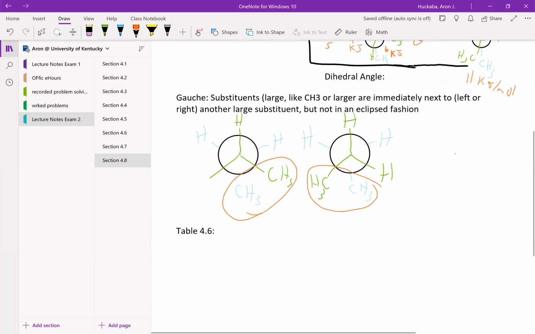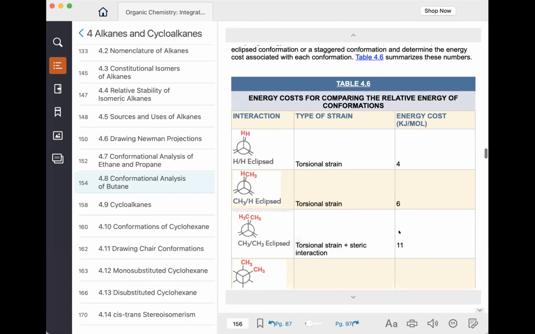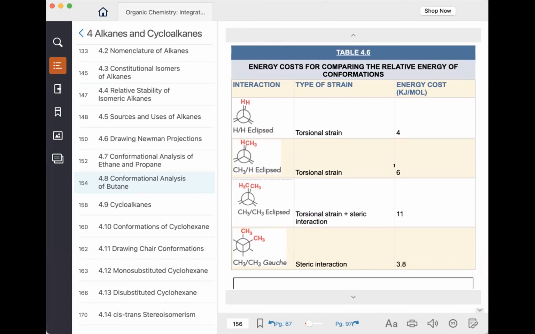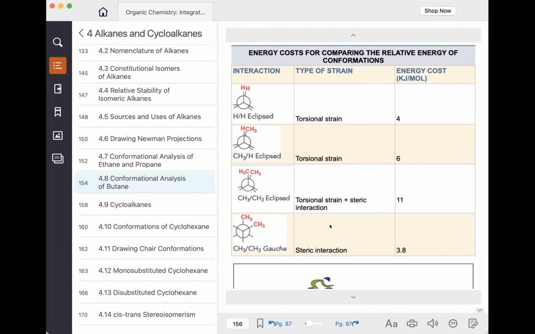Right. So then last, I'd like to talk a little bit about table 4.6 in your book. It's a pretty nice table, and it gives you an overview of all of these energetic considerations that we just talked about, the hydrogen-hydrogen eclipsed conformation and its energy cost, carbon hydrogen, CH3 hydrogen, the CH3-CH3 eclipse interaction, as well as the gauche interaction.